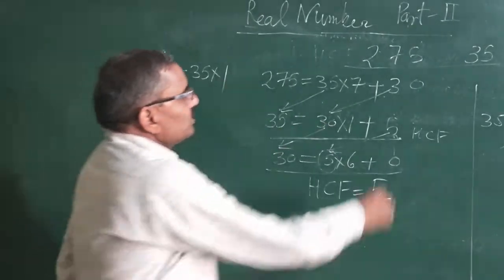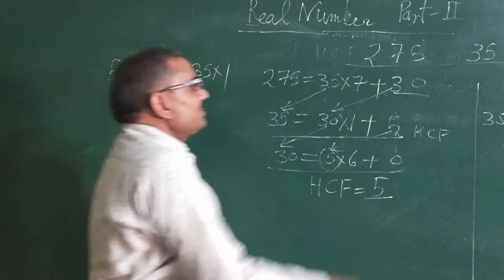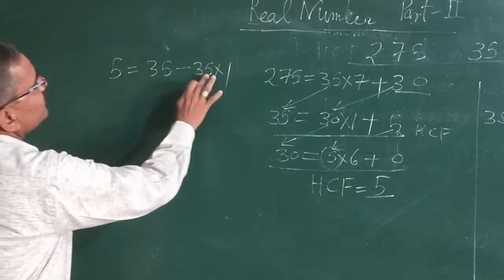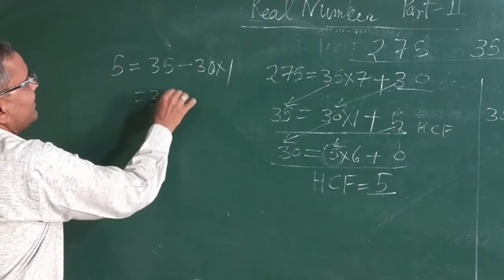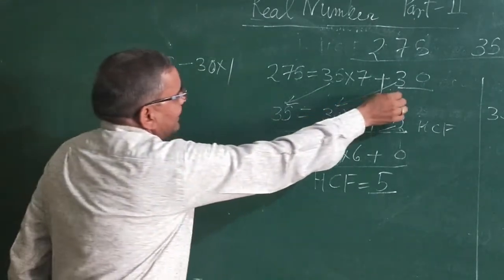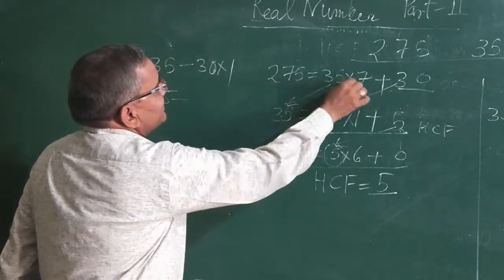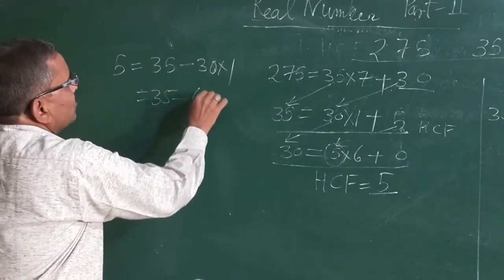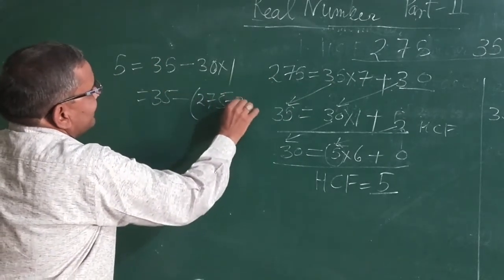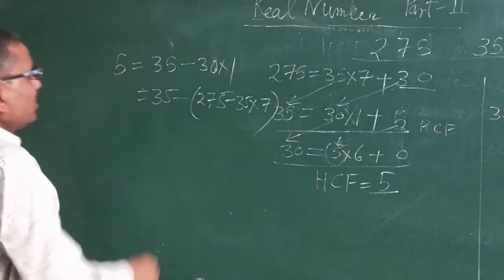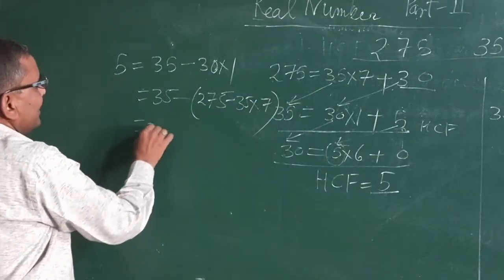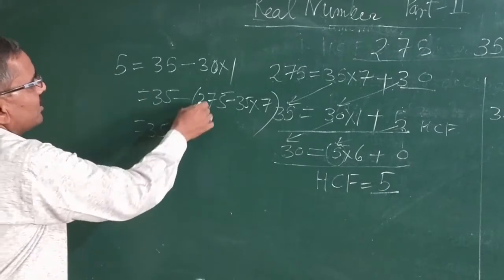Now we have to remove 30 using the step above. 30 can be written as 275 minus 35 into 7. So 5 is equal to 35 minus 30, and 30 is 275 minus 35 into 7.